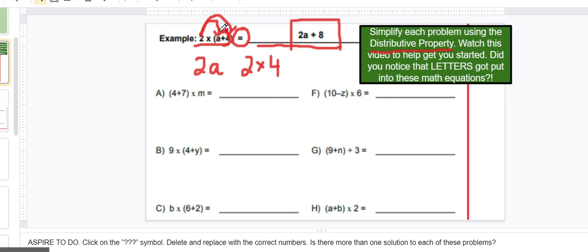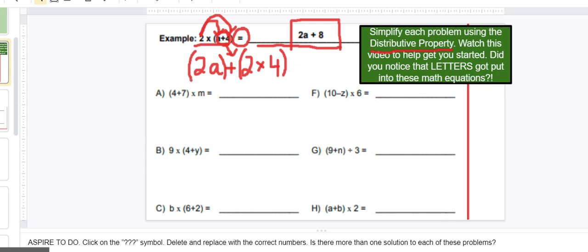This addition sign right here is something I haven't used yet, so I'm going to drop it down. And this essentially could still be inside a parenthesis, if you wanted it to be: 2a plus 2 times 4. So now I could say, is there any more simplifying to do?